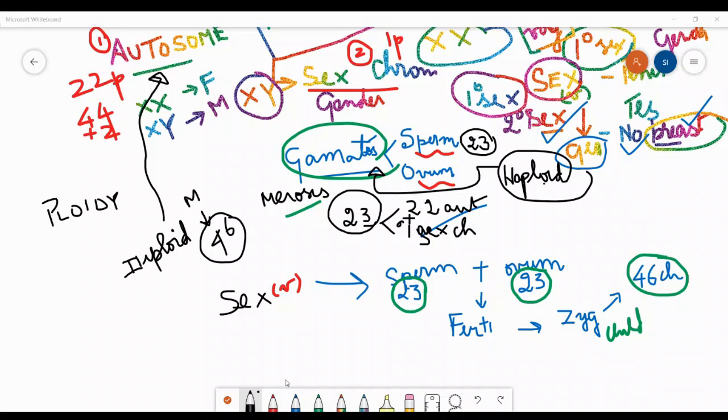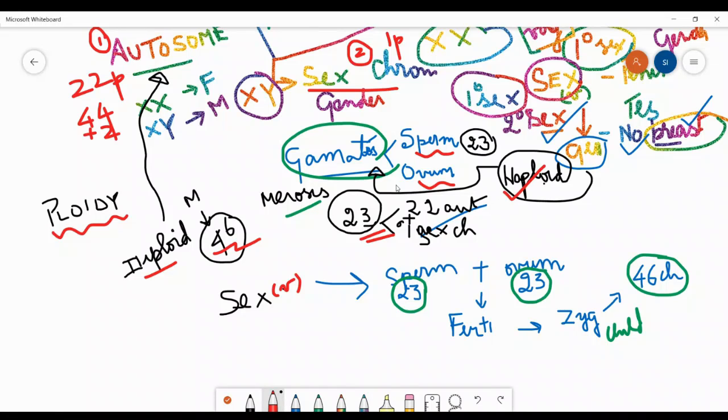Now this brings us to the concept of ploidy. So ploidy is nothing but the number of chromosomes. 46 chromosomes is called diploid and 23 chromosomes is called haploid.